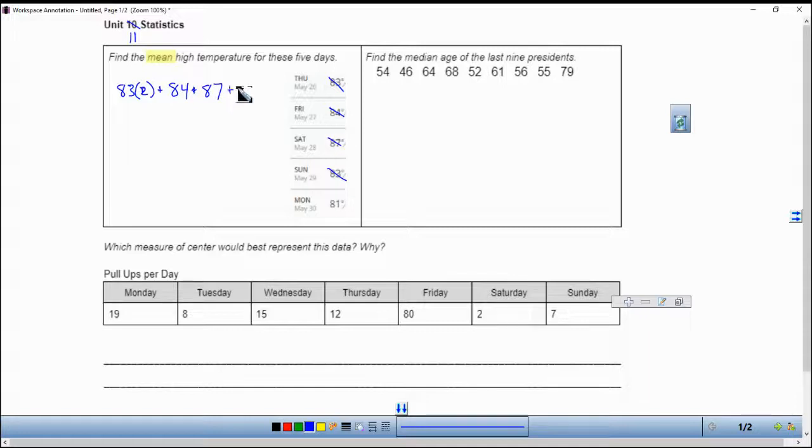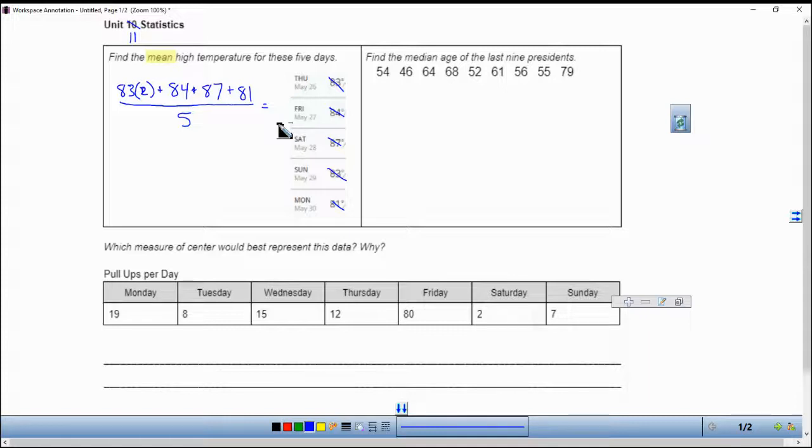Then I'm going to divide by how many numbers there were, and there were 5. I'm adding up all the temperatures, all the degrees, and then dividing them up evenly across 5 days. So to find the mean, we'll add them up, plus 84, plus 87, plus 81.